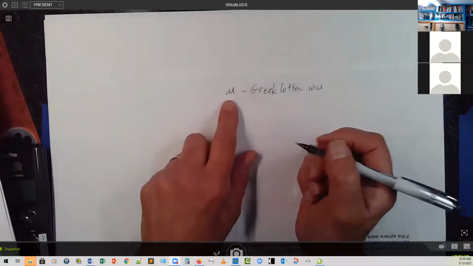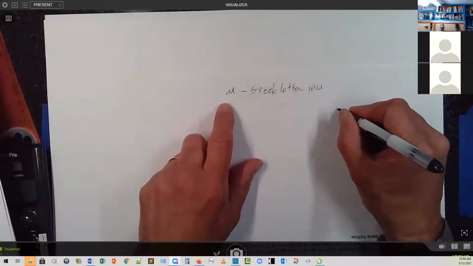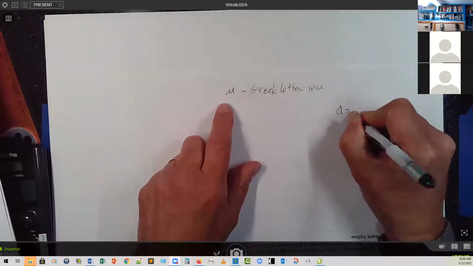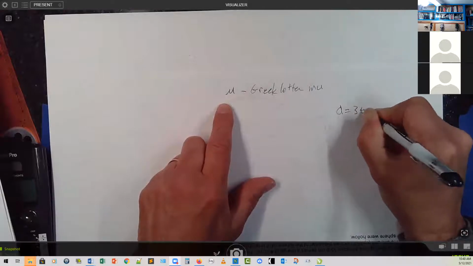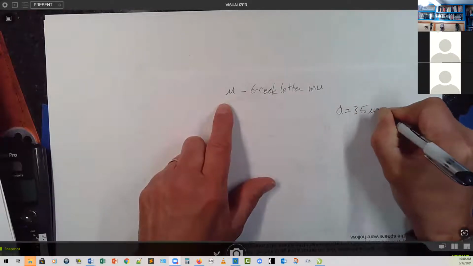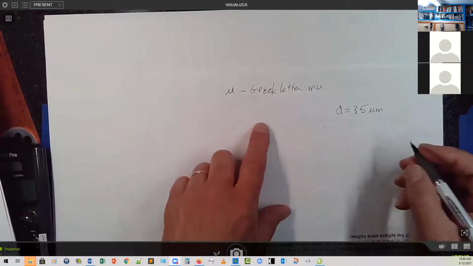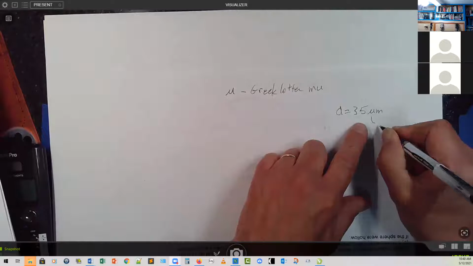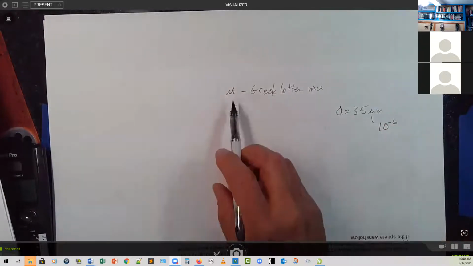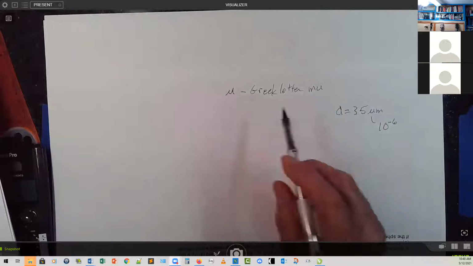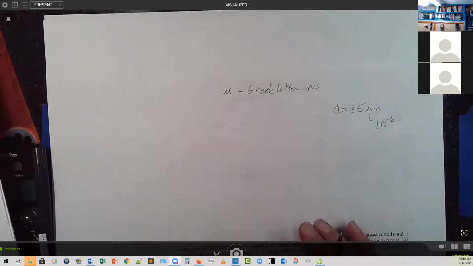So if you see something like a wire diameter, which would be a really thin wire, of 35 micrometers, that would be 35 millionths of a meter. As a prefix, it means 10 to the minus 6, so that's a millionth. In the context of friction it doesn't mean that, but that's just someplace else you might see that symbol.